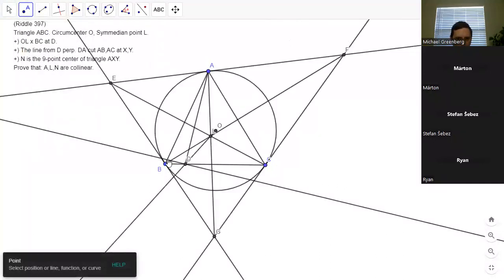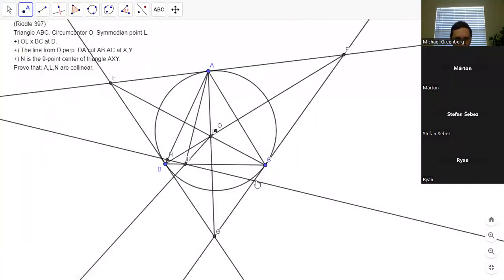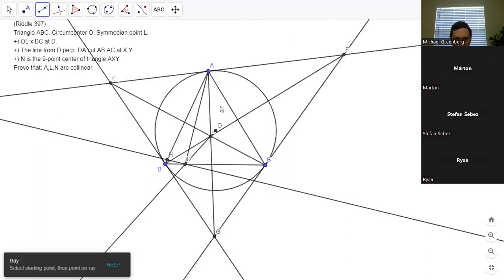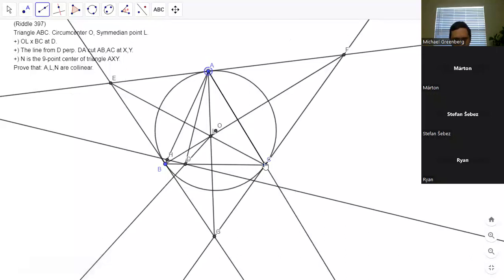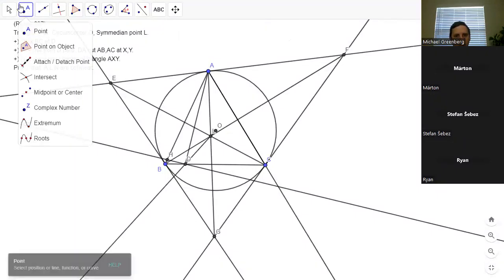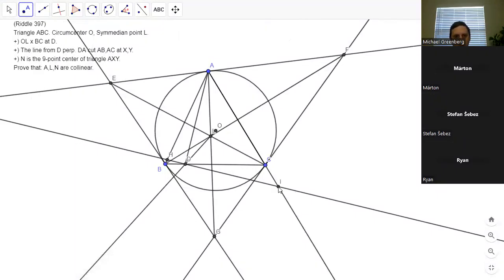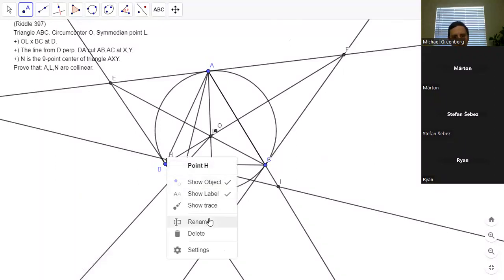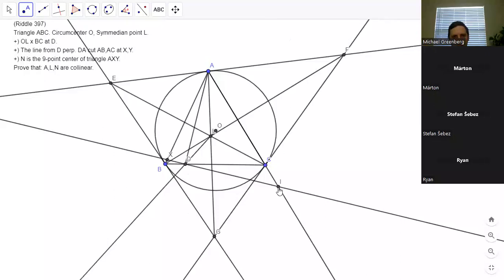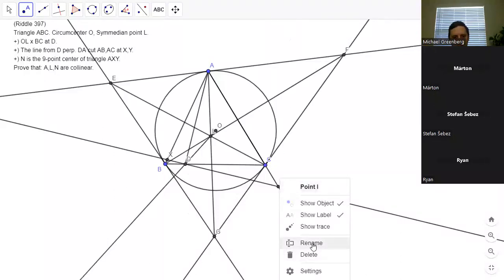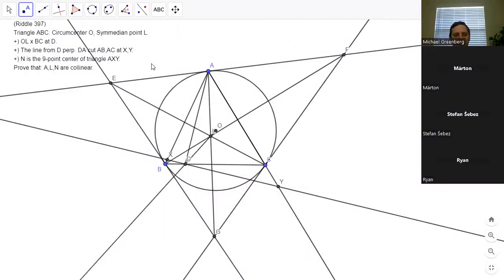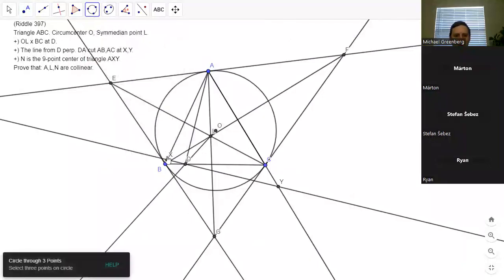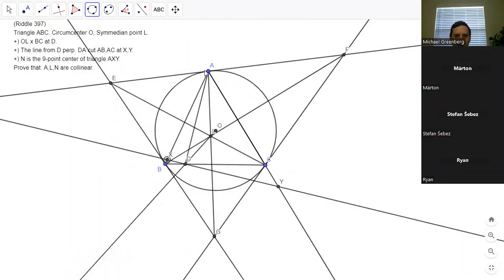I need to draw this point. There we go. And then this point, X and Y. So this should be X and this should be Y. Then we have the 9-point center of AXY.